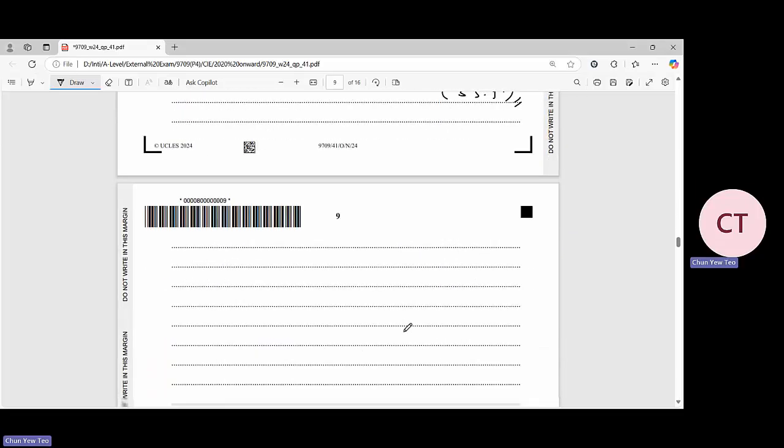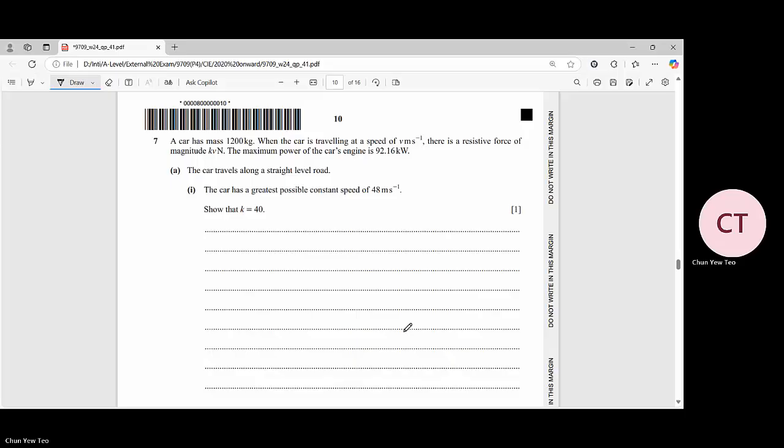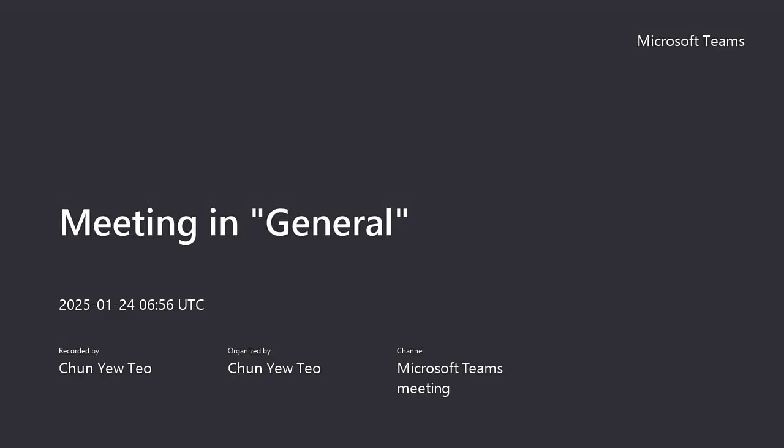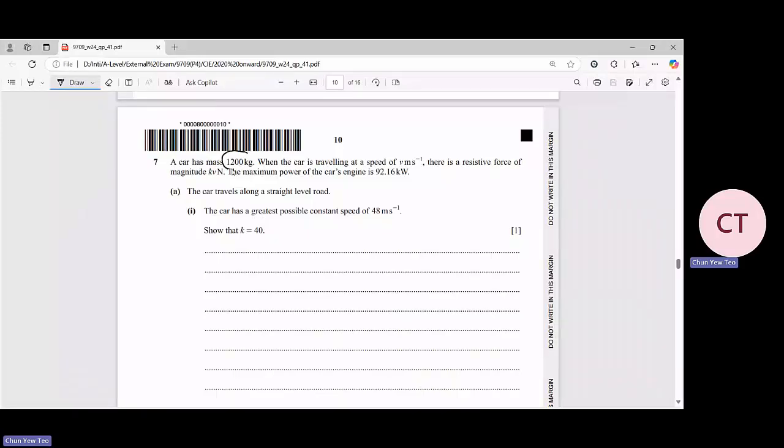And moving on, we have question number 7. Okay, now we take a look at question number 7. A car has a mass of 1,200 kg.